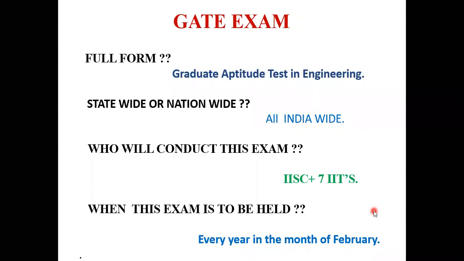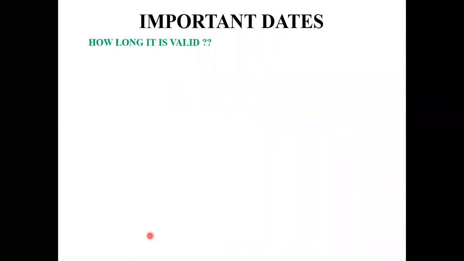So every year, this examination is held in the month of February. And next, we will see the important dates for the GATE examination, how long it is valid, whether it is valid for 1 year or 2 years or 3 years. This is valid for 3 years. For example, once you qualify in the GATE examination, you can use that score for the coming 3 years for admission.